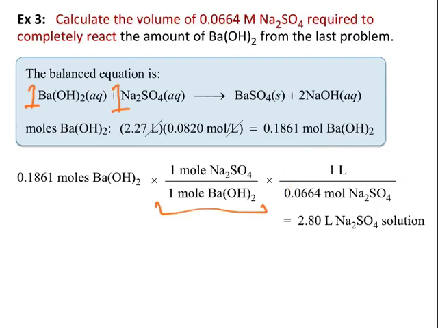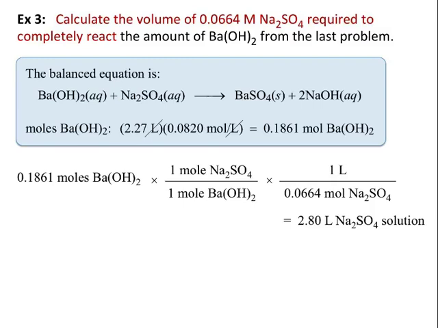The way that I like to do it is just use moles over liters, except put the moles in the denominator down here, so that you cancel out moles of sodium sulfate, and you're left with just 1 liter on the top, and your answer will come out to be liters because the moles cancel over here on the left. And remember, we're trying to calculate the volume of this sodium sulfate with this concentration required to completely react the barium hydroxide.